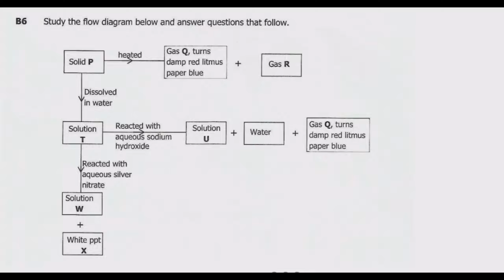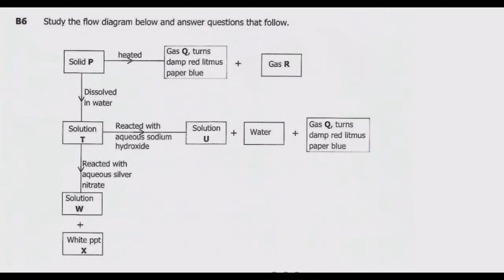So let us look at this question in detail. Study the flow diagram below and answer the questions that follow. So we have solid P, which when heated will give us gas Q, and that gas turns damp litmus paper blue, plus gas R. Then when solid P is dissolved in water, it will give us solution T. When solution T is reacted with aqueous sodium hydroxide, it will give us solution U plus water and plus gas Q, which turns red litmus paper blue.